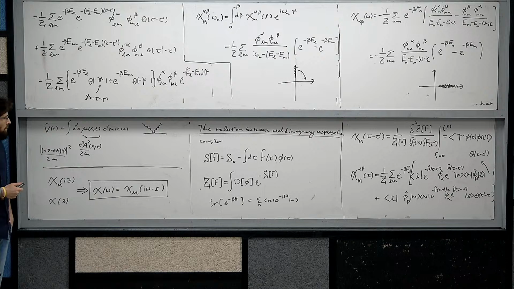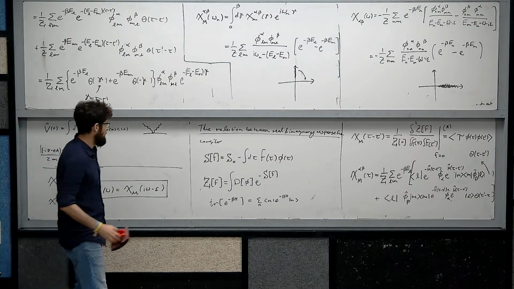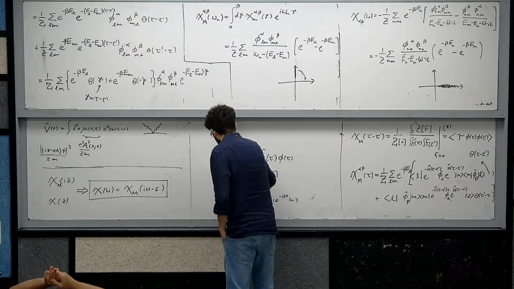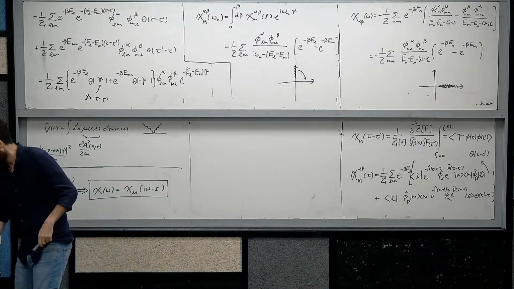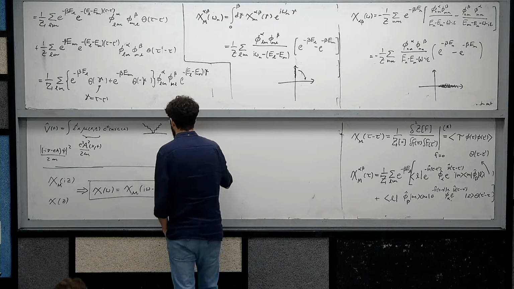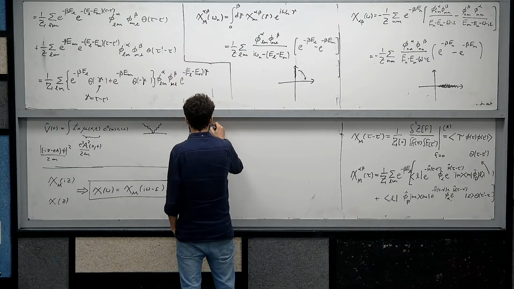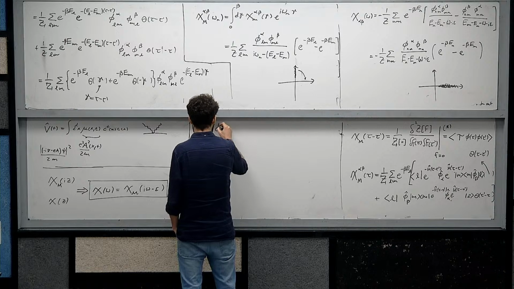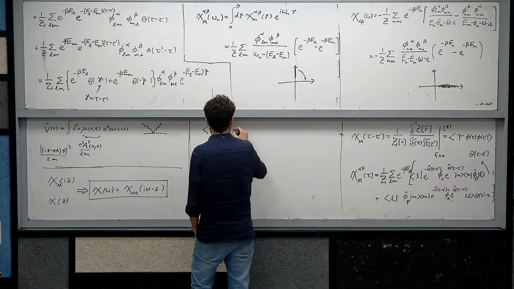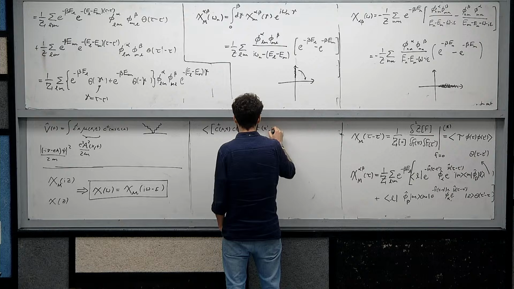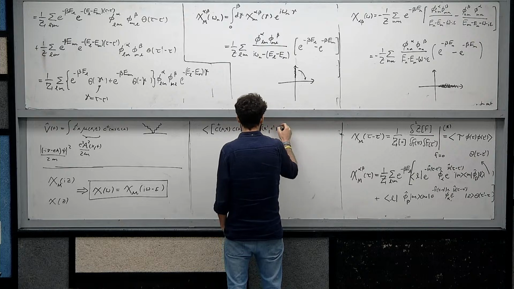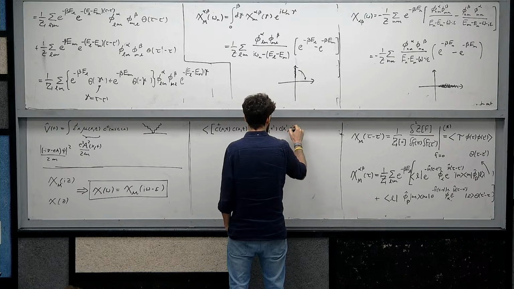Now you could try to calculate the real-time response function. You could say, I want to calculate c dagger of x and t, c of x and t, c of x prime and t prime, dagger c of x prime and t prime.